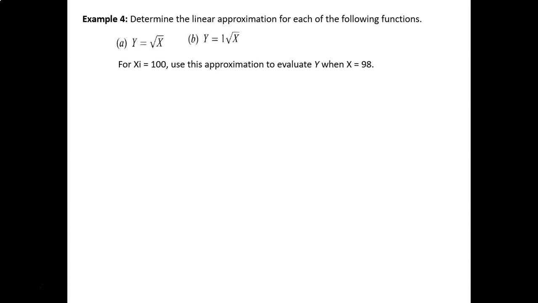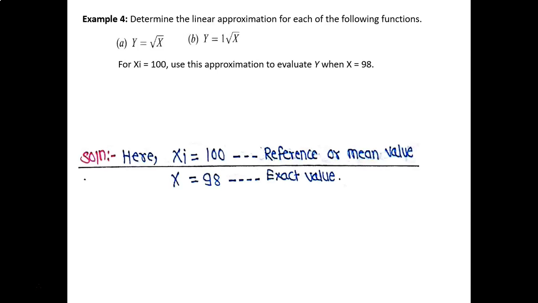Therefore, two values they have given, x is equal to 98 and xi is equal to 100, and we have to find the approximate value of y of these two functions, that is y is equal to root x and y is equal to 1 upon root x. Therefore, we will find the solution. So, here xi is equal to 100, that is the reference value or mean value, and x is equal to 98, that is the exact value.